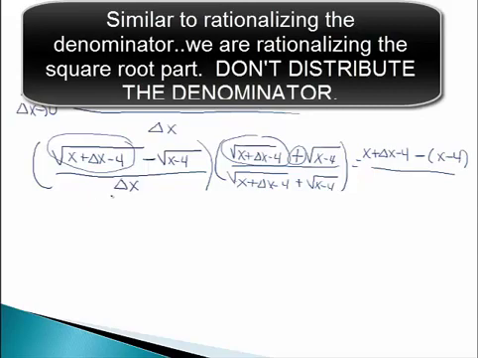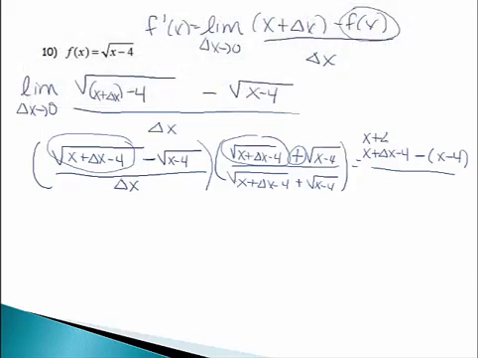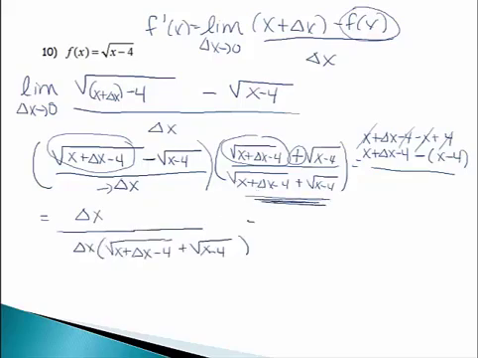Remember, your directions were to never distribute the denominator. So I just have to finish this numerator. So that gives me this. These cancel. These cancel. So right now what I have is just a plain old delta x in the numerator. I have this delta x for my denominator. Then I still have this whole binomial right here. Okay, these cancel.